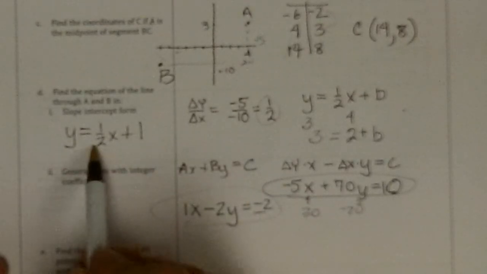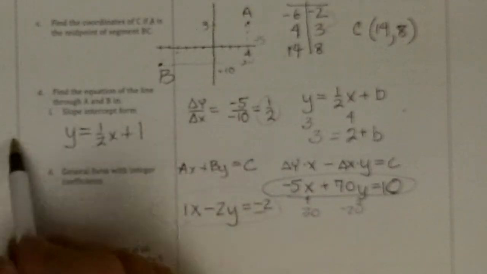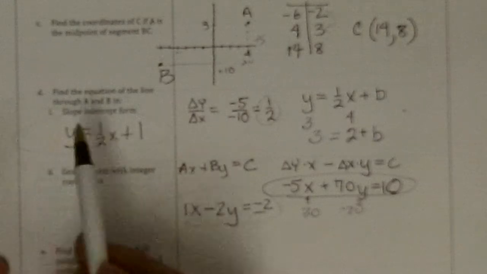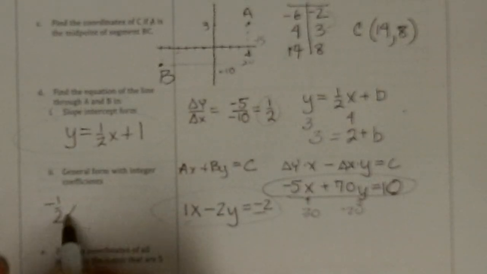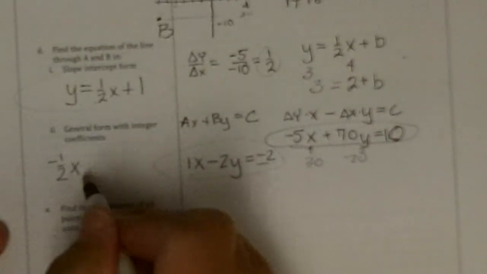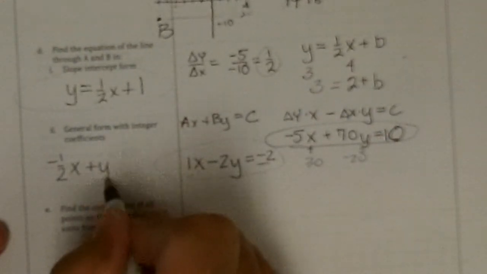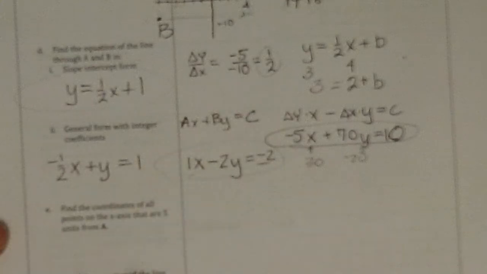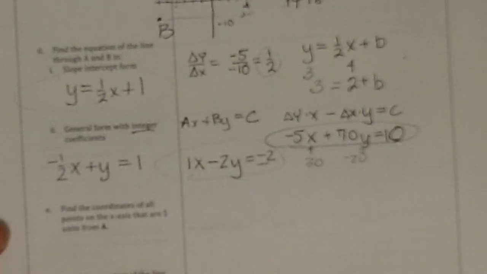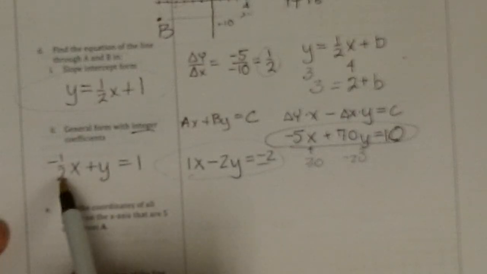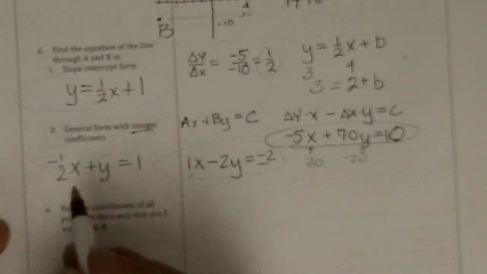Or I could have taken the original equation that we got here, the slope-intercept form, subtract half x from both sides, and I would have -1/2 x plus y equals 1. But the half is not an integer. I'd have to multiply it by something like 2 to make it a whole number.